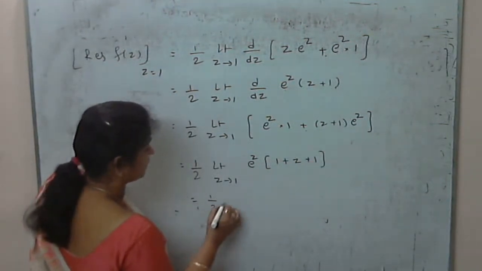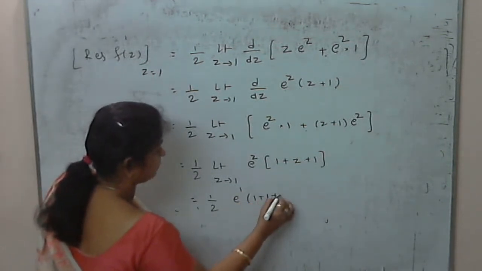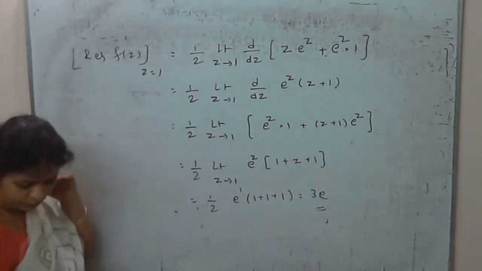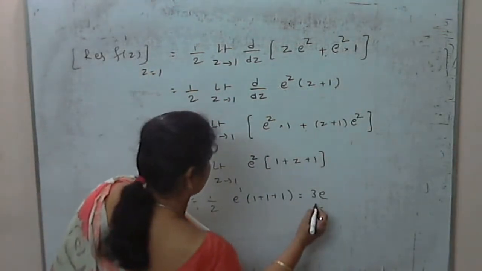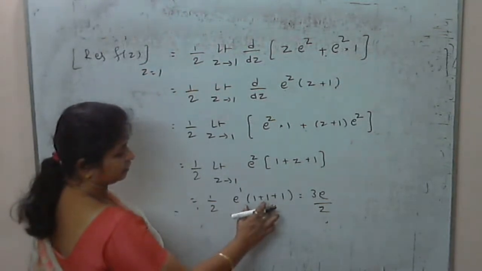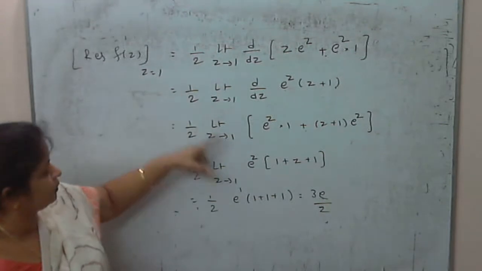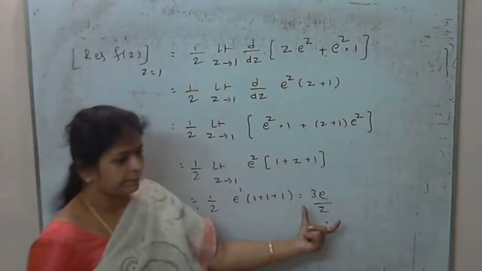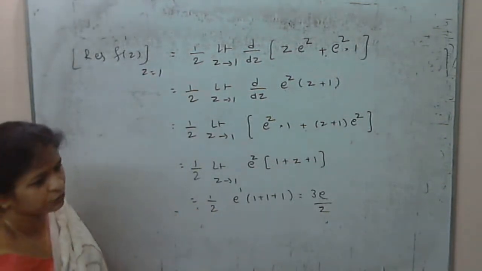Now substitute z equal to 1: e power 1 into 1 plus 1 plus 1, that is 3e, so 3e by 2. 1 by 2 into 3e is 3e by 2. So the residue of f of z at z equal to 1 is 3e by 2. So this is the method of calculating the residues.